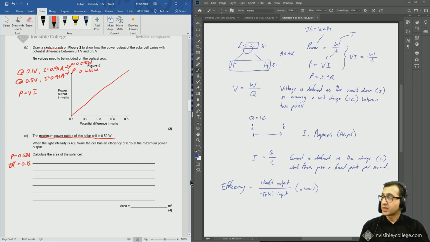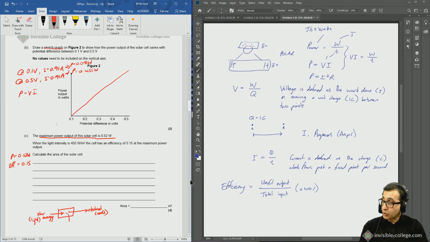So what this is saying is that we have a device, a solar panel, and solar energy, light energy, is going in. This is the total energy input. The useful energy output is electricity, electrical energy. So this is the useful output.